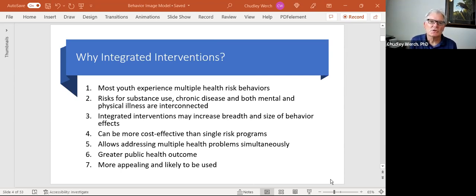Youth individually and as a group are experiencing multiple risks for substance use, for chronic disease, for problems related to physical and mental health.